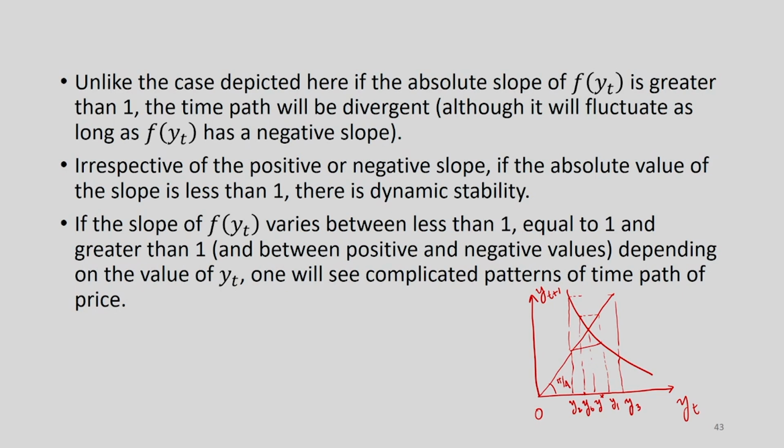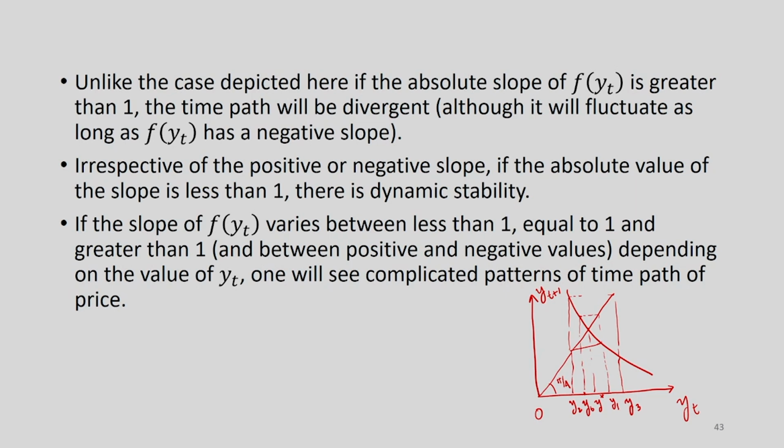And if the slope of f of yt varies between less than 1, equal to 1 and greater than 1, and between positive and negative values depending on the value of yt, one will see complicated patterns of time path of price. So, this is a general case: it is possible that f of yt is not always less than 1 and not always greater than 1, but the slope goes on changing, right.